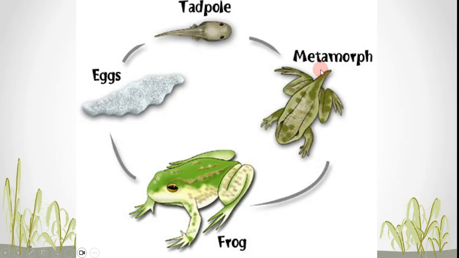Notice the tail will disappear as an adult right there. And then when the frog is big enough, its lungs are fully formed. Now it can come out of the water and breathe with lungs, no longer breathing with gills. But remember those other modes of respiring. They have the skin, they have the inside of their mouths.